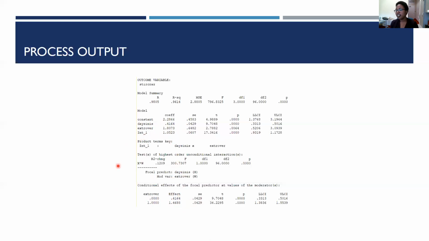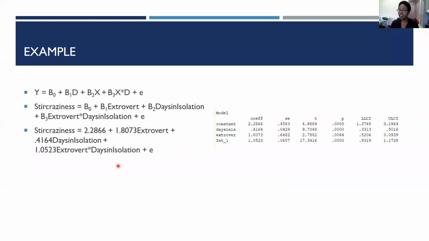And what process does is it gives us some code to actually plot that interaction term for us. So before I show you that, I'm going to put this into an equation for you, right? So here's our dependent variable, intercept, slope for our dummy variable, slope for our continuous variable, and then that interaction term. So I'm just putting it here.